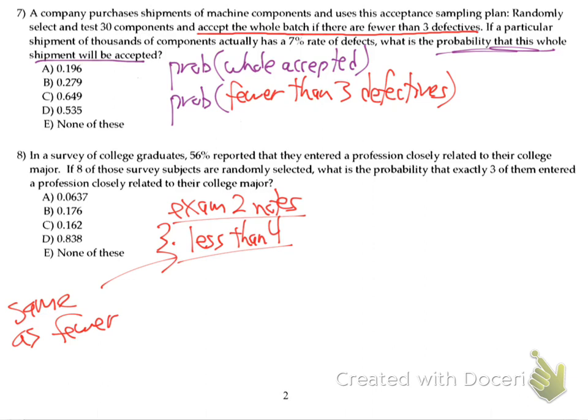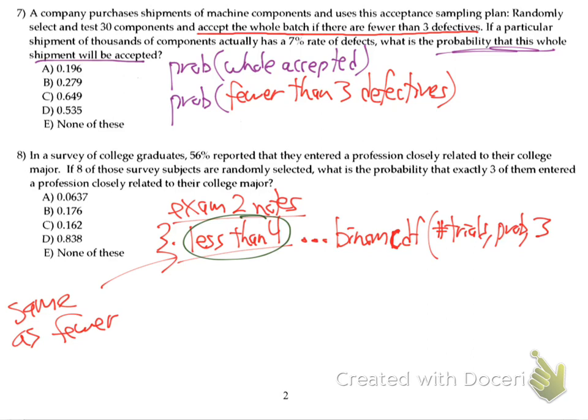The example I give there, I end up writing binom CDF, and then number of trials, probability, and then what number did I put at the back? Did you notice? I put a 3. And so we don't have less than 4. We have fewer than 3. So it's 2, exactly.